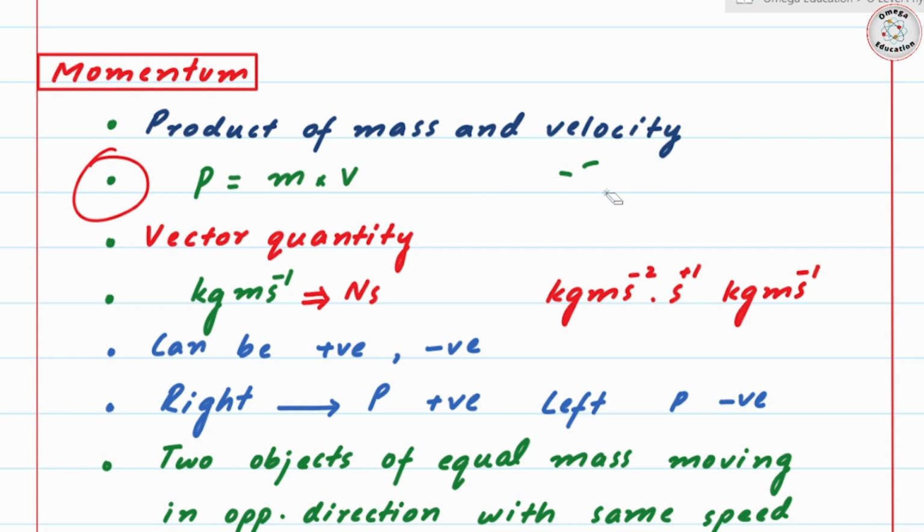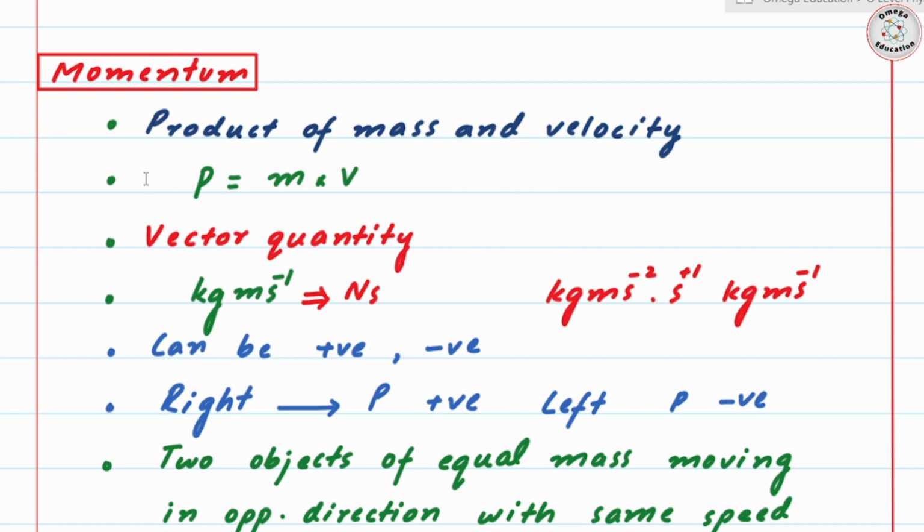Or if you take the product of force and the distance covered parallel to the force, you get the work done. So similarly, if you take two quantities, mass and velocity, you multiply them, you get momentum, which is represented by P. So the symbol is P. If you forget the symbol, just write momentum as it is.